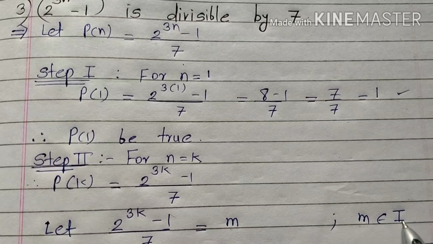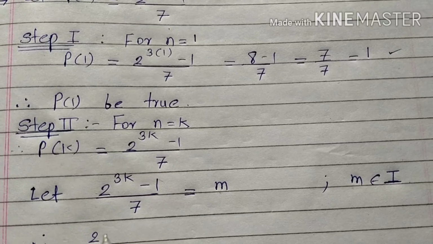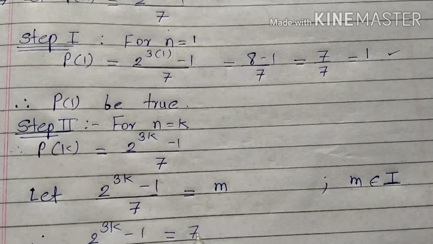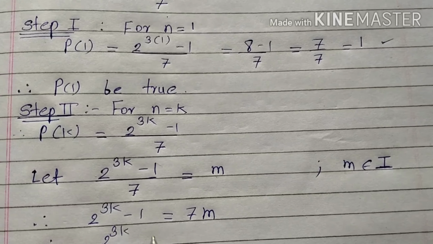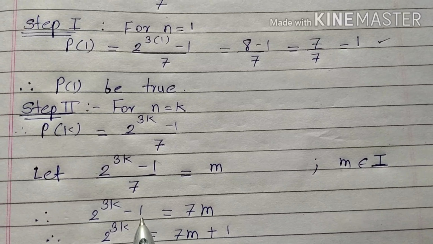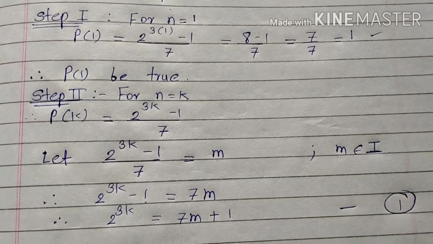We take this m. So therefore 2 raised to 3k minus 1 is 7m, and therefore 2 raised to 3k is equal to 7m plus 1. Let us call this equation first.